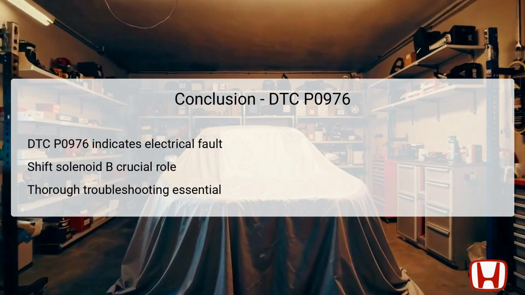In conclusion, DTC P0976 highlights an electrical issue within the shift solenoid valve B circuit of the 2008 to 2012 Honda Accord. Understanding the crucial role this solenoid plays in the functioning of the transmission can aid technicians in diagnosing problems more effectively.